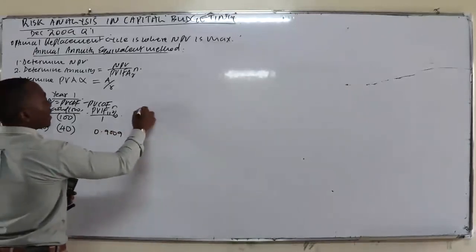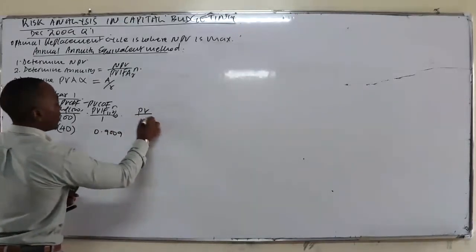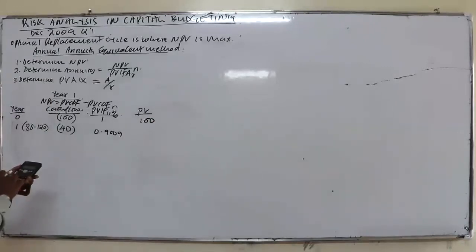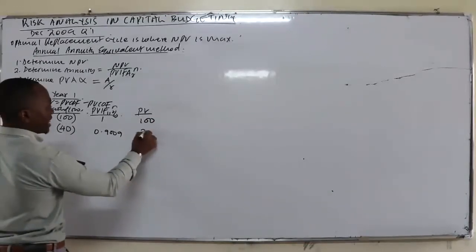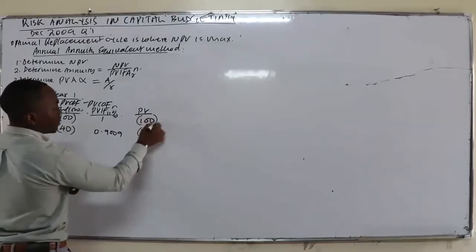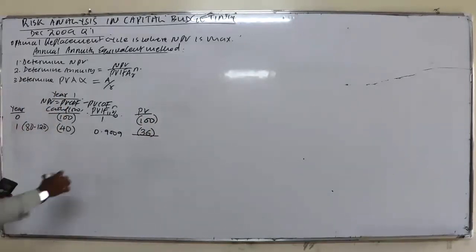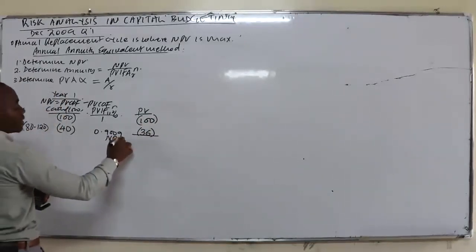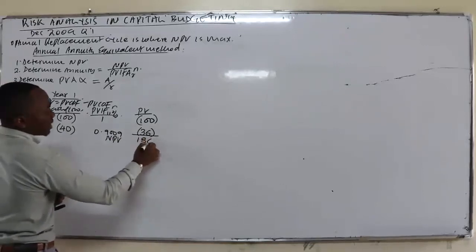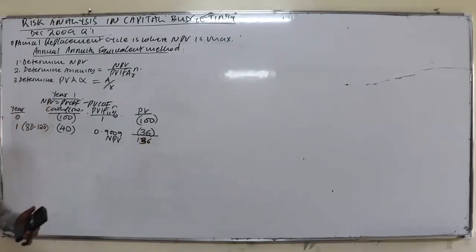Then we get their present value. This is 100, and then you multiply by 40, and here you have 36. Note that both of them are negative. So now we can get our NPV. NPV will be 136, which is a negative.